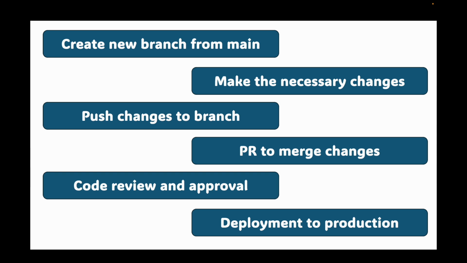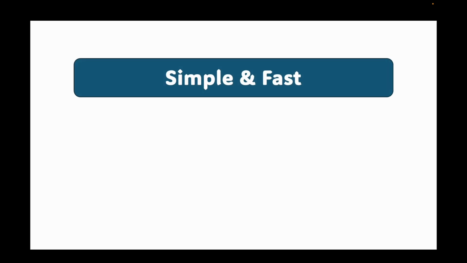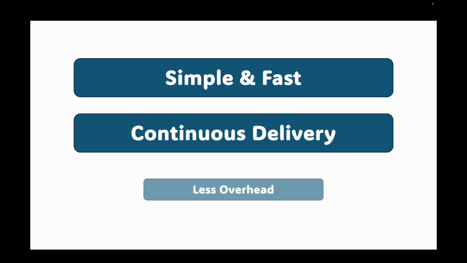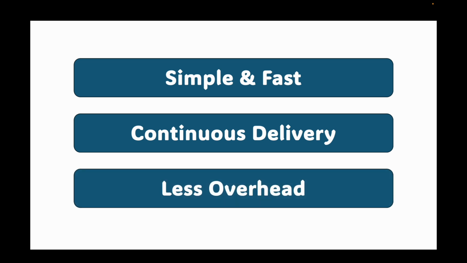Now, the pros of this approach are that it's simple and fast, so easy to learn and requires less branch management; continuous delivery, so this is designed to support frequent and automated deployments; and less overhead. So you will spend less time managing branches and more time coding your application.